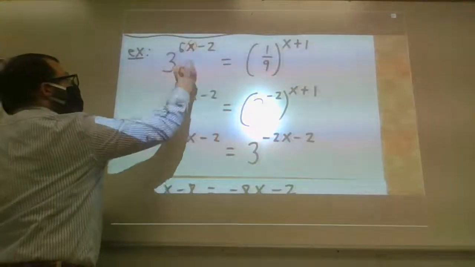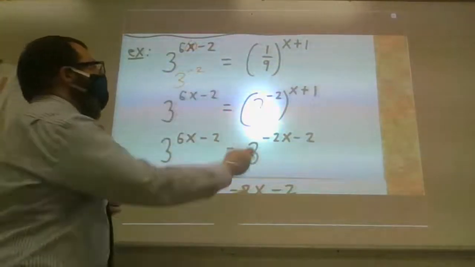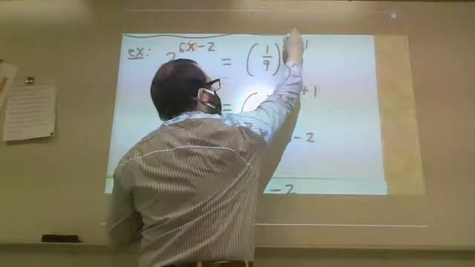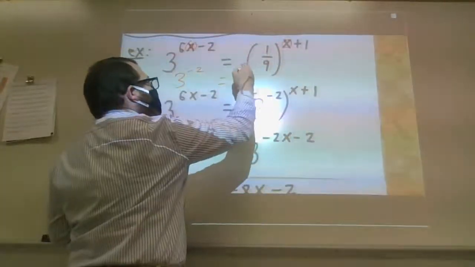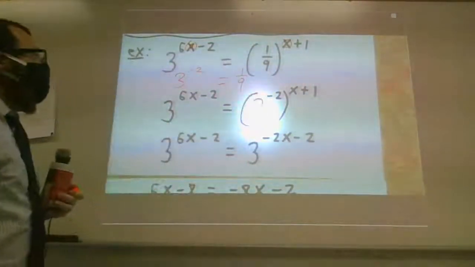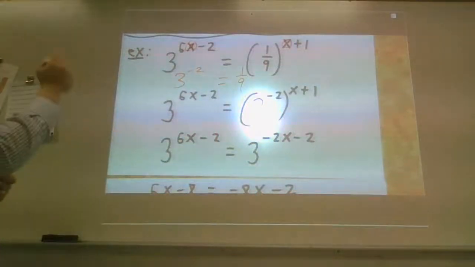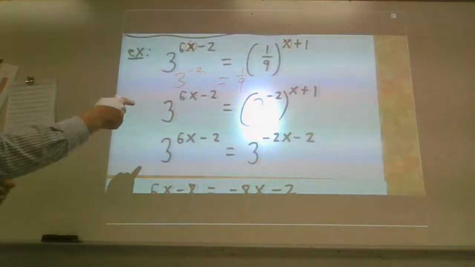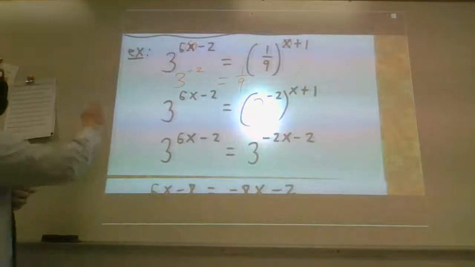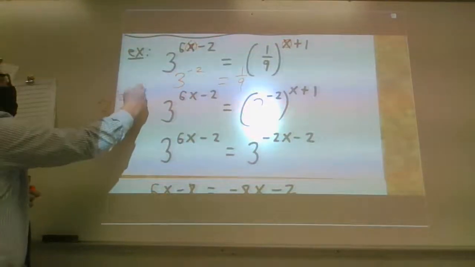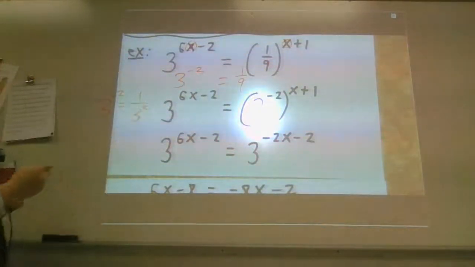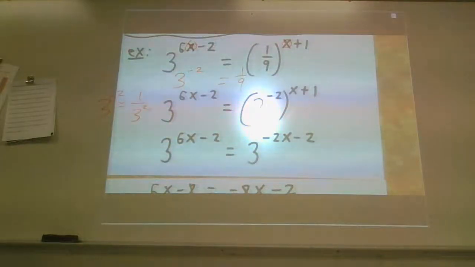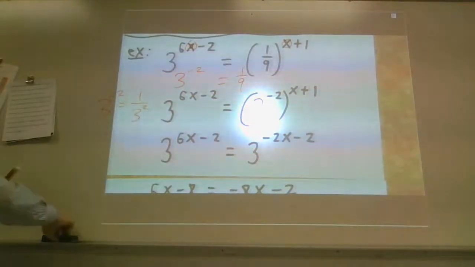I get 3 to the negative 2 power equals, I plug a 0 in right there, I get the fraction 1 over 9. Oh, wait, we already know that we had to do that property in order to get this thing done, because 3 to the negative 2 power is actually 1 over 3 squared, which is 1 over 9, so it works. Oh, this is nuts.